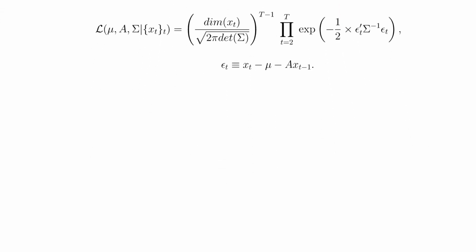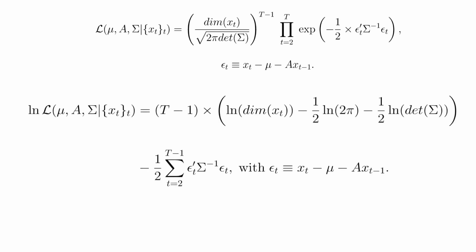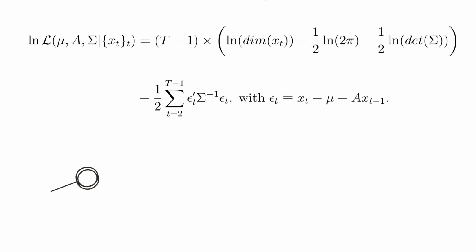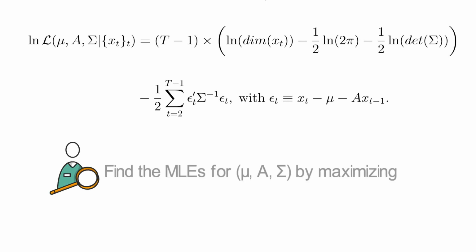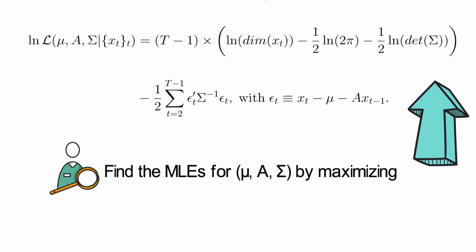Now, the log likelihood of the parameters is then given by the following expression here. So what we are now going to do is look for the parameters mu, A and sigma that are maximizing that log likelihood function.